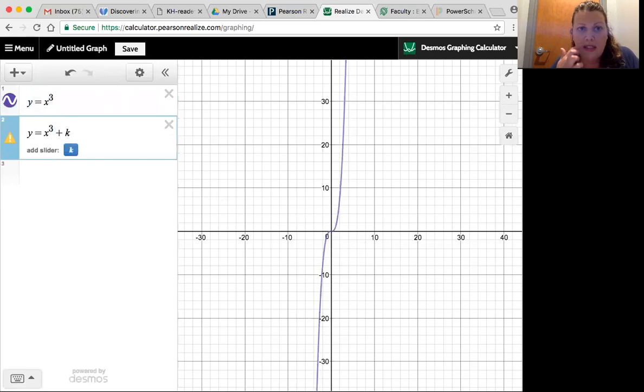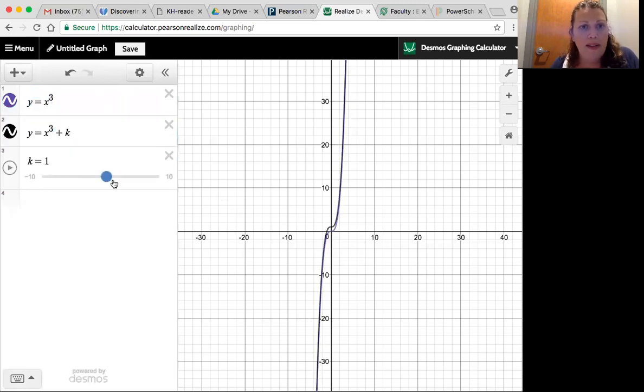Oh, well, that's convenient. Now we can actually change our value of k. That's actually kind of fun. And so you can see as I change what my value of k is, what happens to the graph.